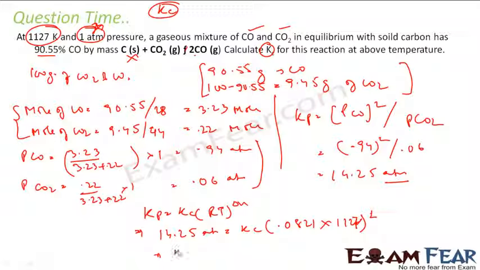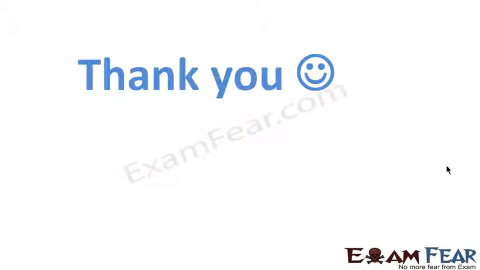You solve this, you get Kc as 0.154. Since delta n is 1, the unit will be moles per liter. This is my case. Thank you.